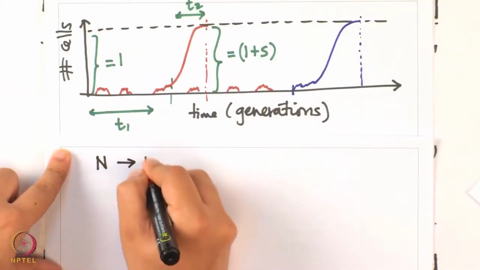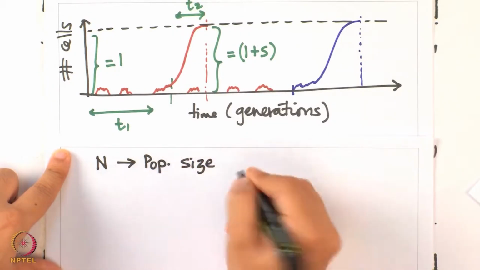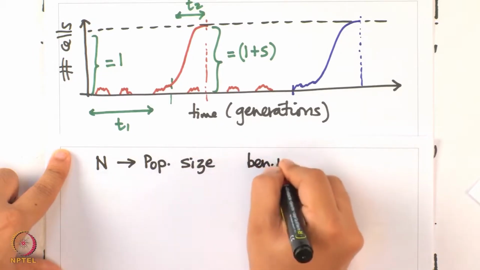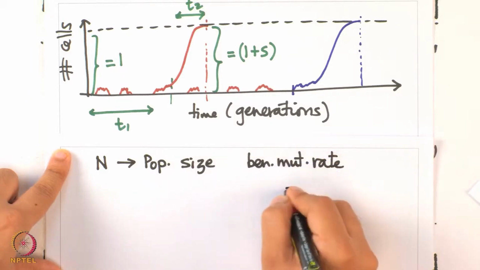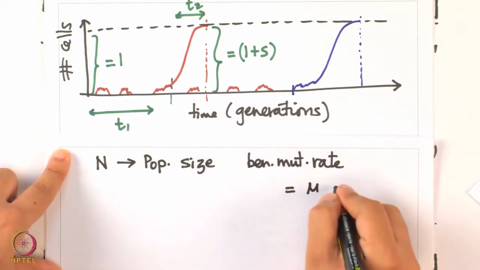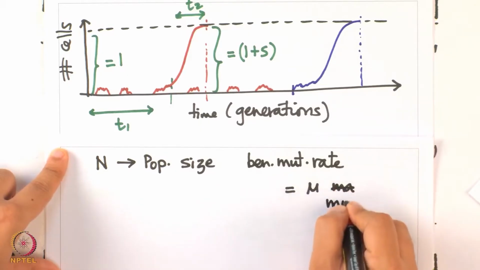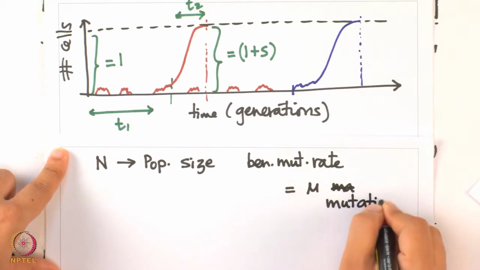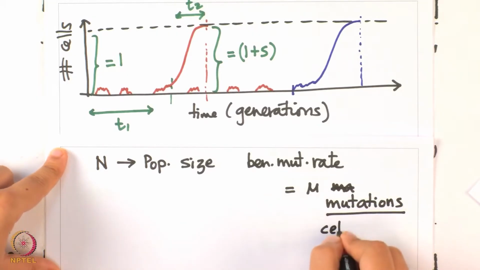I know the population size associated with my system is equal to n, and the beneficial mutation rate is equal to u mutations per cell per generation.